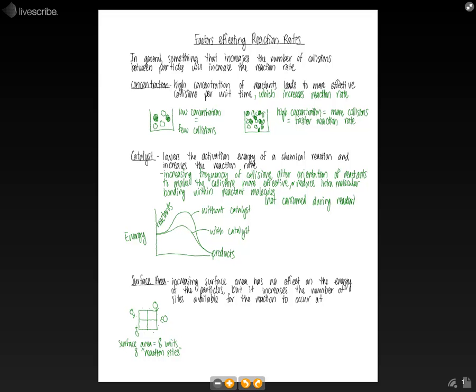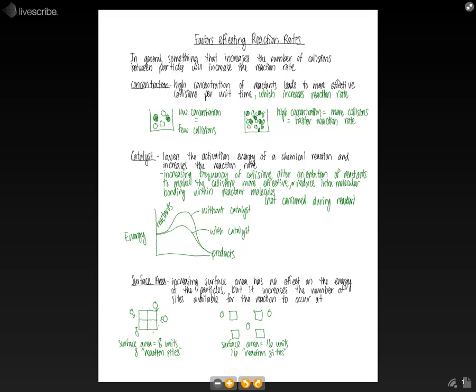And then if we take those same 4 cubes, but now we break them apart, we're going to increase their surface area. And so now the surface area is 16 units, which means 16 reaction sites.